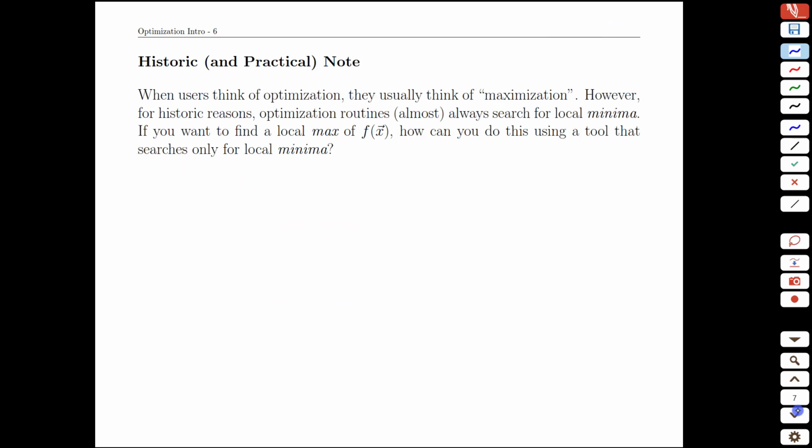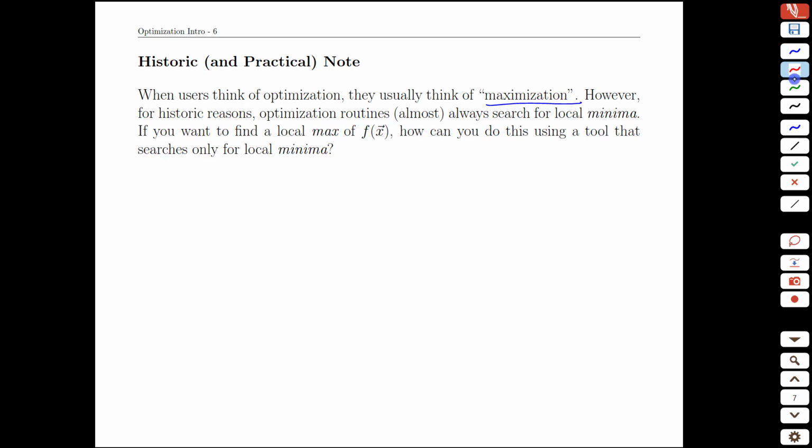Now, there's an important note before we go much further, which is how we describe optimization. Usually, when we're getting into these kinds of problems, we think of optimization mostly as maximization. That's our first instinct, to make things larger, stronger, more profitable.